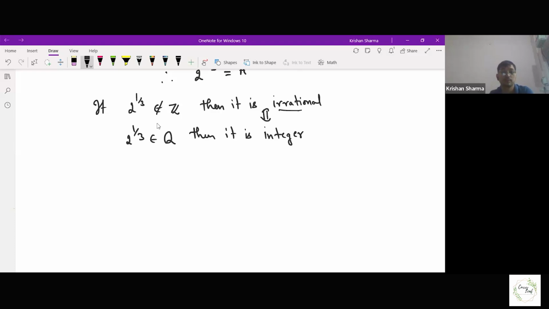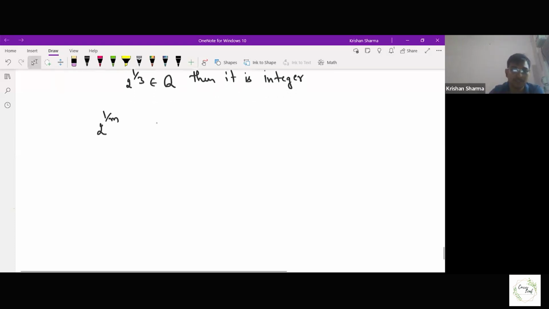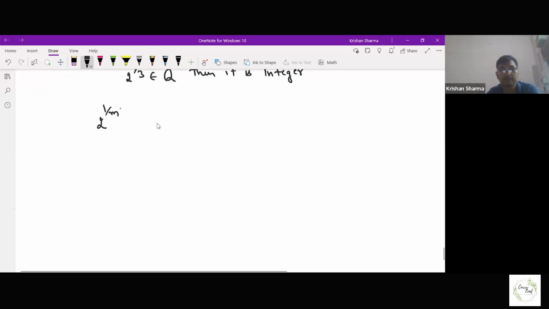So that's also solved. So now to extend it further, that's the last extension I want to do: 2 raised to power 1 by n, because that will open up an interesting part again. So instead of taking 3, I am taking n.